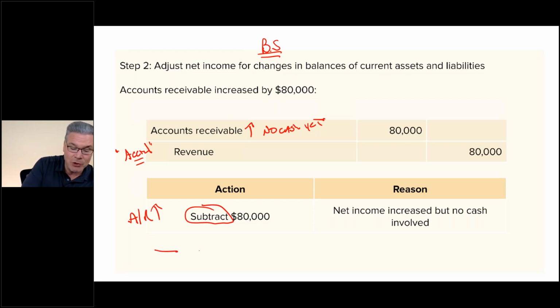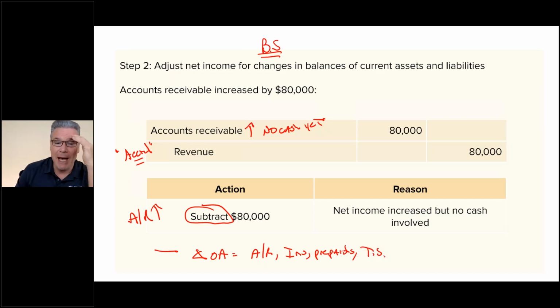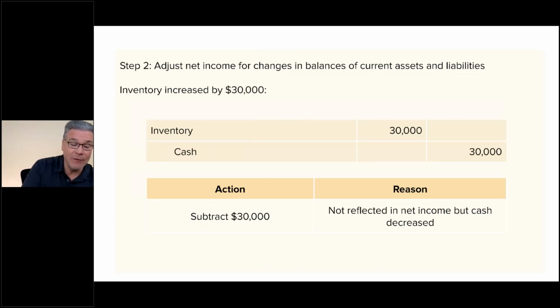Subtract. We subtract the change in operating assets: accounts receivable, inventory, prepaids, trading securities. We do the opposite. All right, accounts receivable up, we're going to subtract that. Inventory increased. Inventory is up.